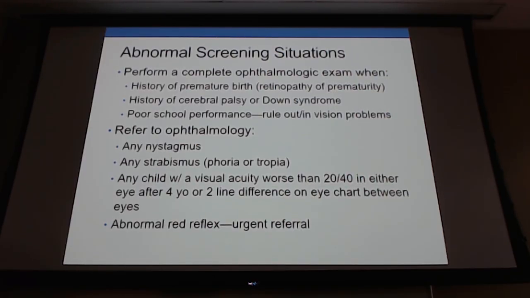So anytime seeing or even really reporting strabismus, even if you can't elucidate it with a cover-uncover, I tend to send, that's not one that families make up. Not to say that families make up diseases, but that's just not on anyone's mind to be like, their eye does this. So most of the time I send them anyway. And then an abnormal red reflex is I need to call like today, right now.